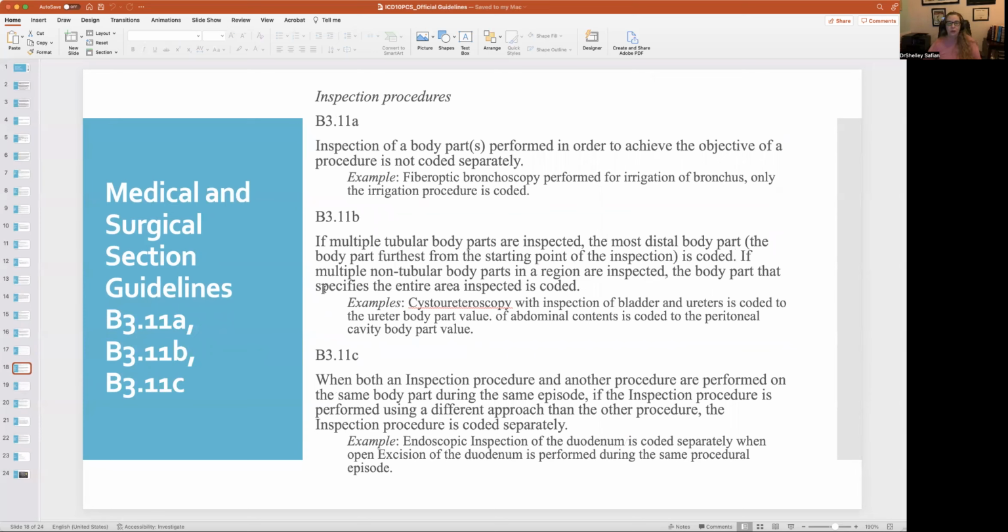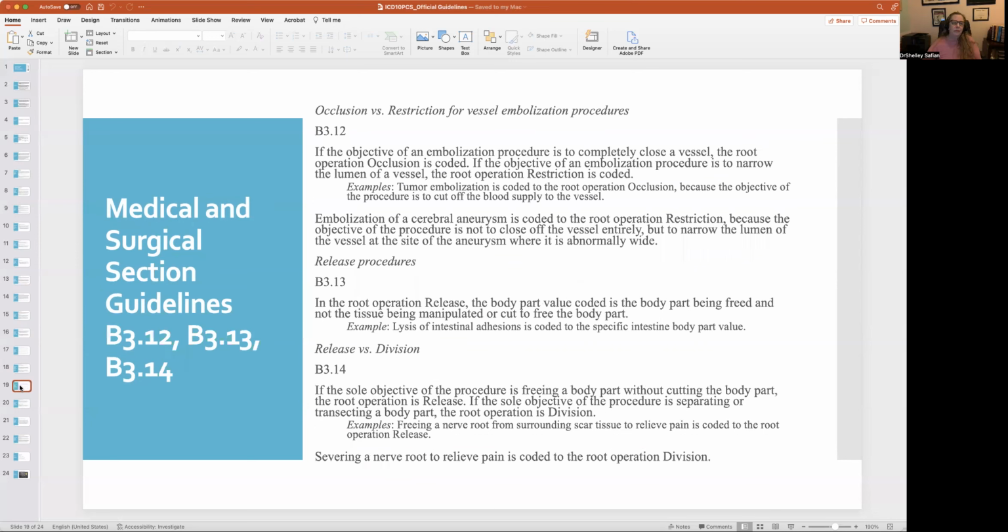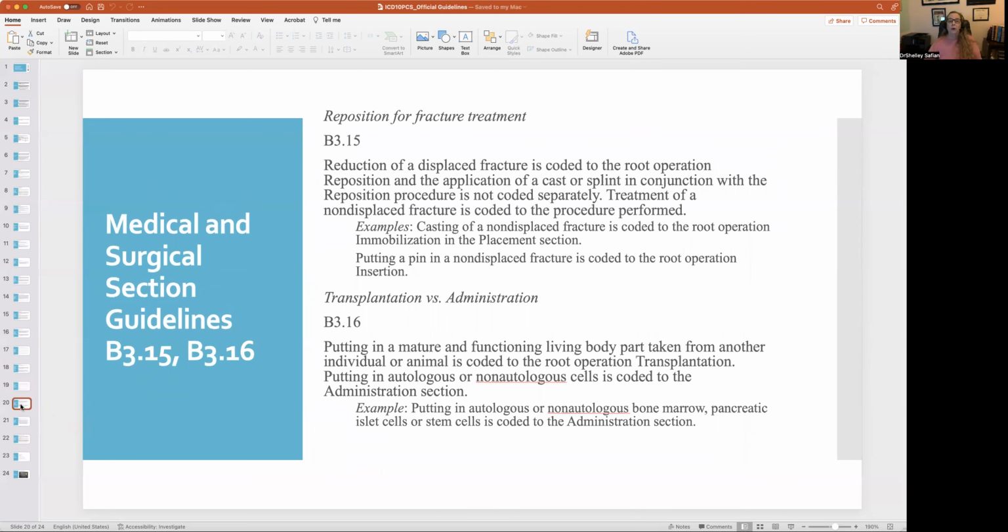Inspection procedures. I spy with my little eye a gallbladder that has a stone in it. No, that's not how they do it. Occlusion, release procedures, and release versus division, which is an important and fine line difference. Reposition for fracture treatment.